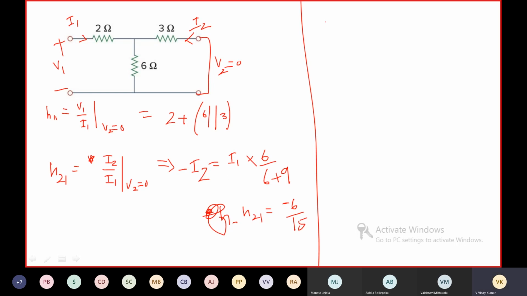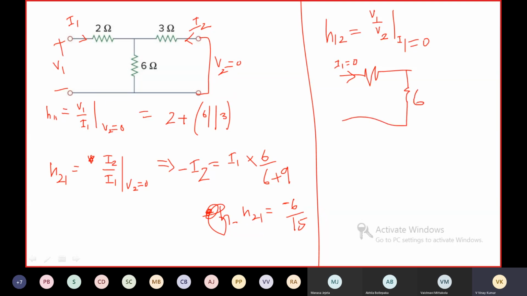Let us find H12. H12 is equal to V1 by V2 when I1 is equal to 0. What will the circuit be? The circuit will be like this. Port 1 is open circuited, which means the current going through it is 0.